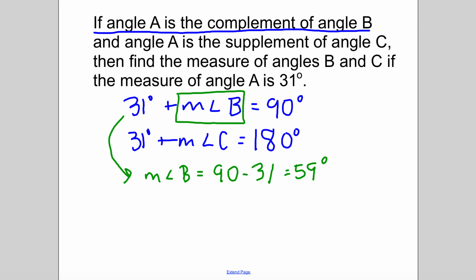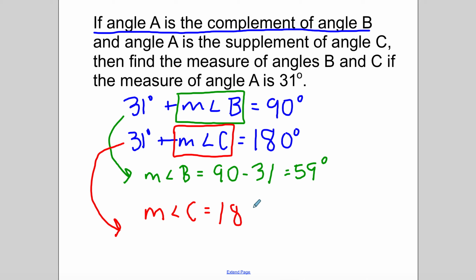And now here, we can do the same thing. We are going to treat this as if it's its own variable and get it by itself and solve. So once again, I need to subtract 31 from each side, and all that would be left on the left side is the measure of angle C, and that equals 180 minus 31, which is 149 degrees.